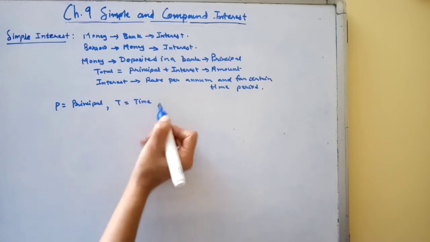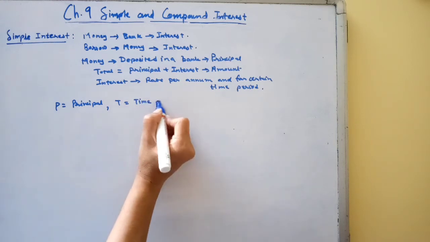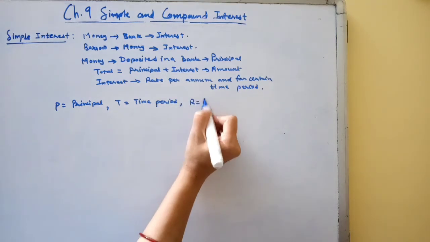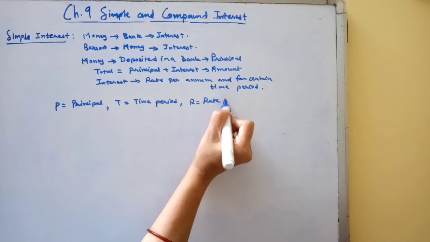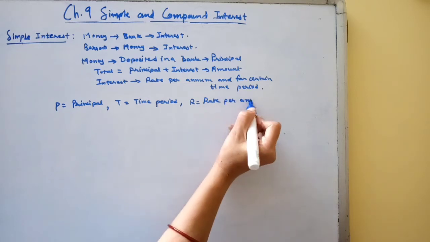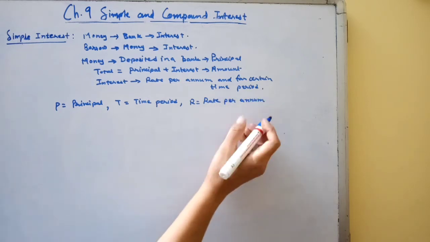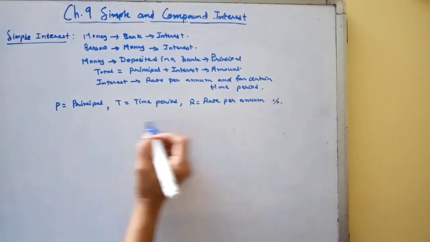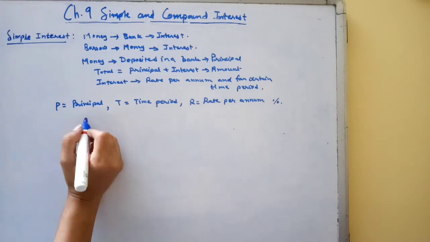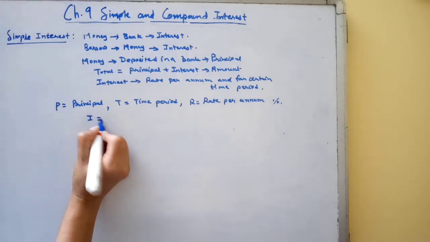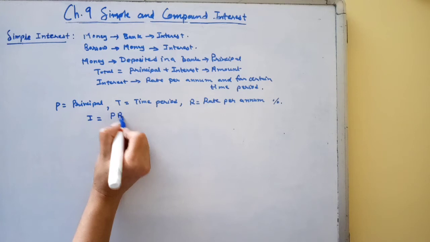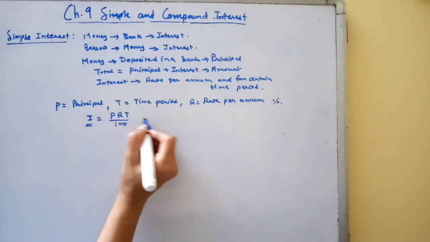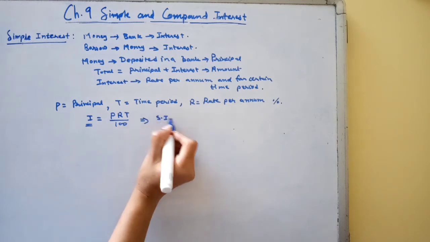Time is always taken in years. R is the rate per annum. It is in percentage. Then interest is equal to P into R into T upon 100. This interest is called simple interest.